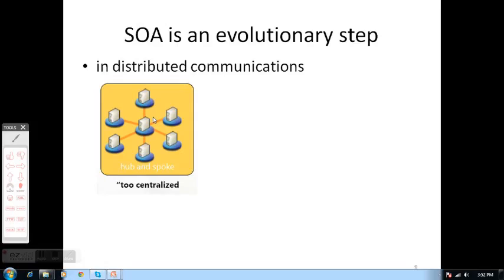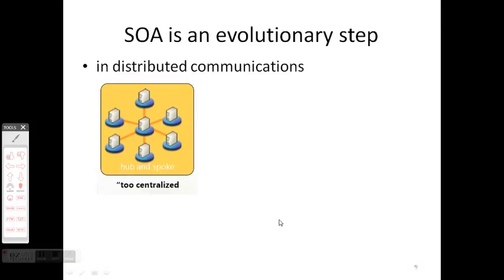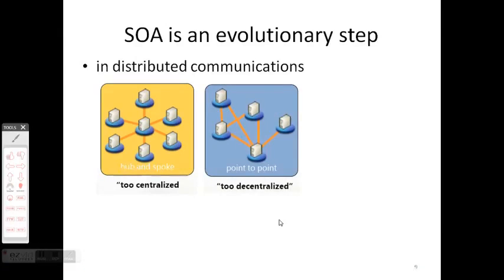Then we create a centralized distribution system, but that starts creating other problems, because the centralization by itself defeats the purpose of service orientation by creating a dependency between all the components of this system.